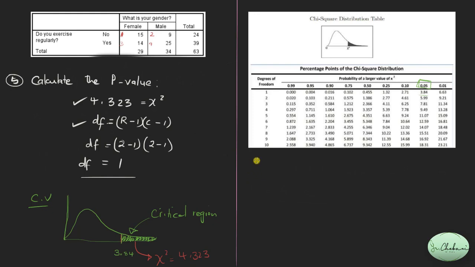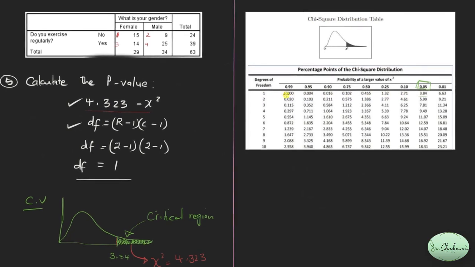Our p-value is also given by the table. These numbers are our probabilities. It says here, probability of a larger value of chi-square, so these are basically our p-values. We take our calculated chi-square value, 4.323, and see where it lies at 1 degree of freedom.